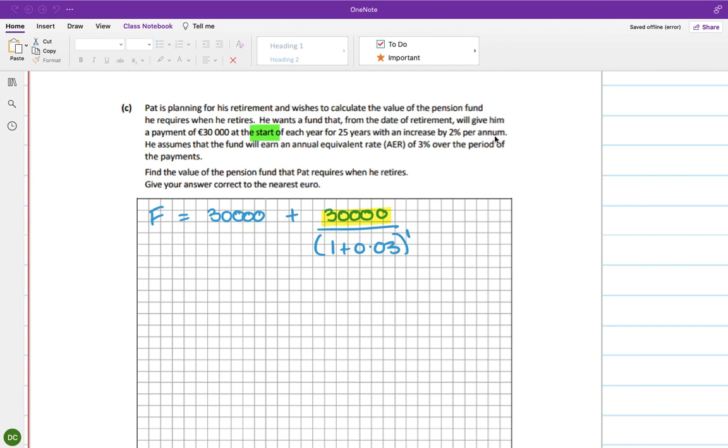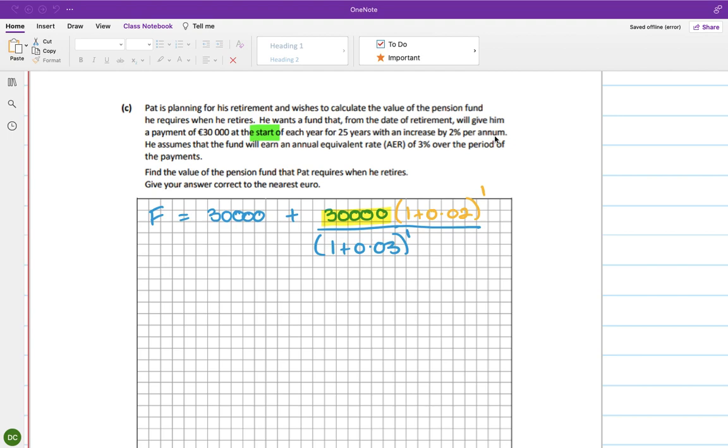So we have to do 1 plus 0.02. So the amount that we're present valuing is not 30,000. It's 30,000 plus an increase of 2% that we're present valuing.